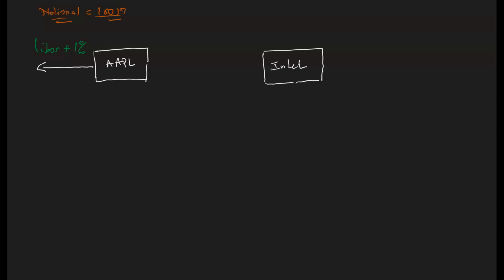Intel, on the other hand, has a fixed rate loan on the same notional amount, and let's say that interest rate for Intel is at 4%. So Intel has a 4% loan. And so at this point, Apple realizes that we do not quite want to be working with the variable rate, because we believe that LIBOR rates are very volatile.